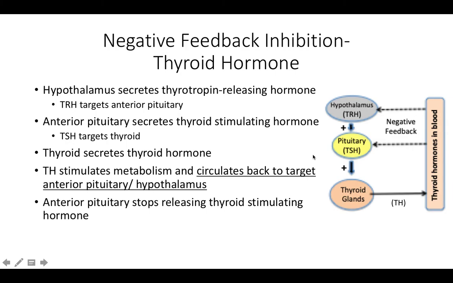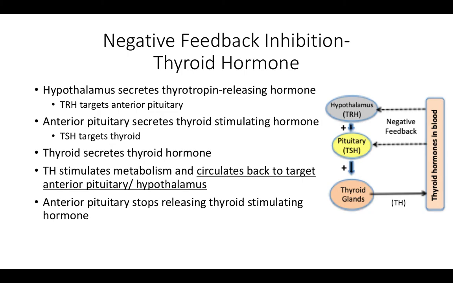So we just looked at an example with testosterone. This is another example with thyroid hormone, but same exact thing. So again, the hypothalamus secretes thyrotropin releasing hormone. That's an excitatory or stimulating hormone that's going to target the pituitary gland. In response, the pituitary gland is going to secrete thyroid stimulating hormone.